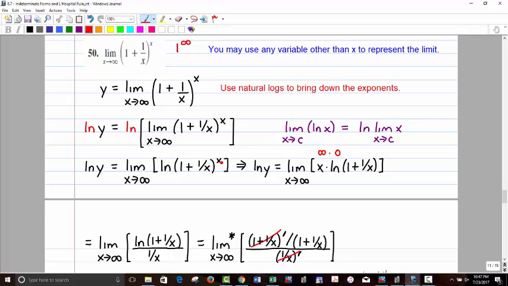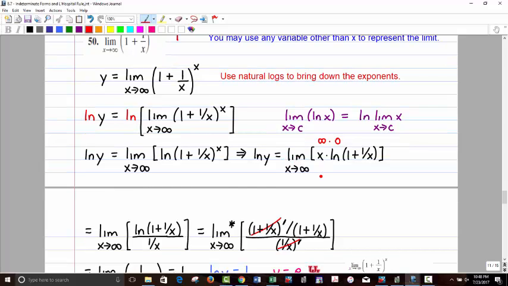And then that enables the x to come down. Whenever you feel comfortable, you can put the ln in there and then bring your exponent down in front of it. Now, we can leave the left side alone for a while and worry about that later. We're just working with the right side.